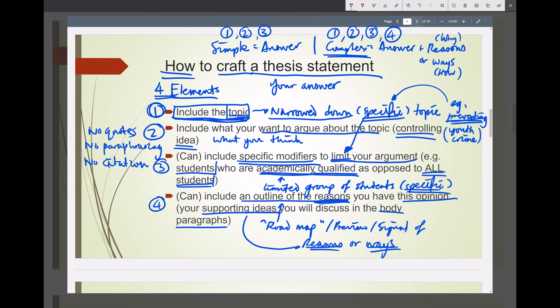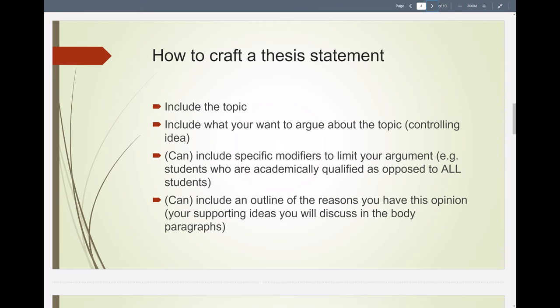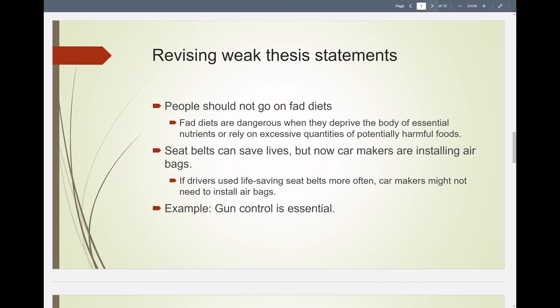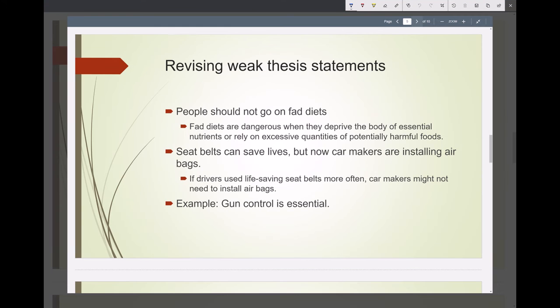Okay, let's go to the next one. So we've seen 2 pretty good thesis statements. And now, as you're starting, you might not get those thesis statements the first time. And here are some thesis statements that people, and when I first started, make.